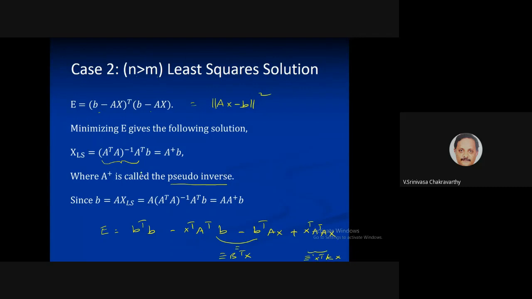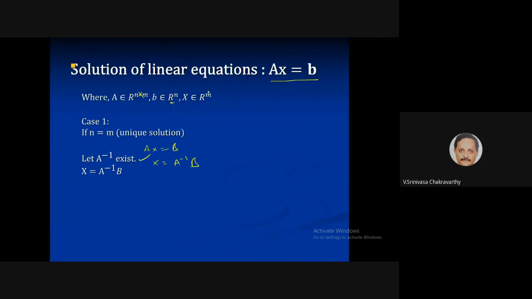Now we have more interesting cases, when n is not equal to m. What happens is you have a11 x1 plus a12 x2 etc. equal to b1, and then a21 x1 plus a22 x2 plus etc. equal to b2.